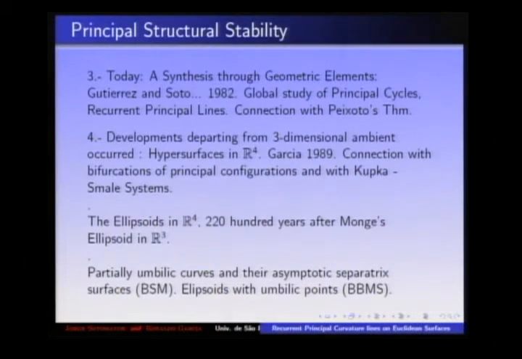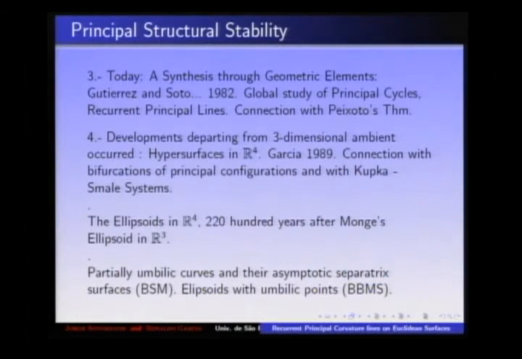Then, how are we doing in our chronology? What is the project for today? A geometric synthesis through geometric elements that was carried out by my former student, also a professor of IMPA at a certain time, who prematurely passed away in 2008.